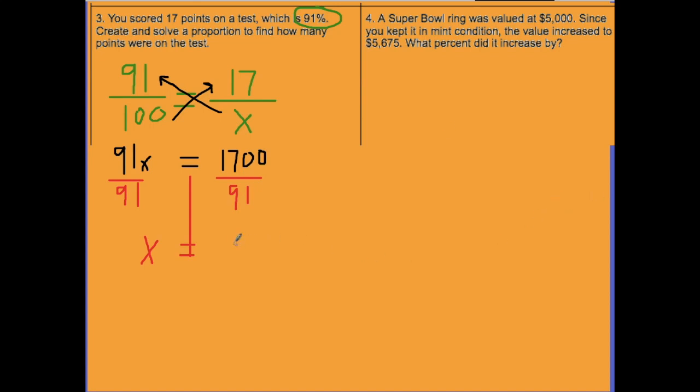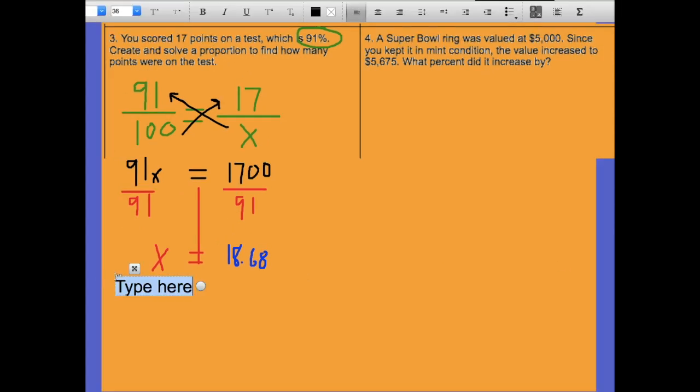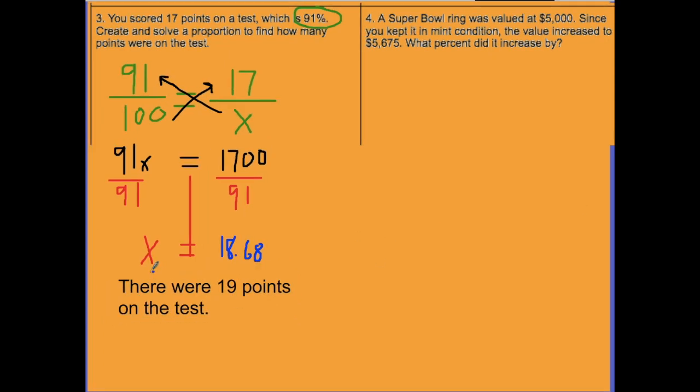You get about 18 and 68 hundredths. Since these are points on a test, we're going to round that up to the next whole number. So we can say there were 19 points on the test. And that'll be our final answer there.